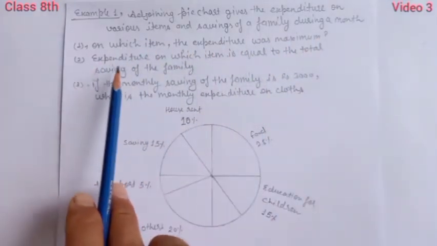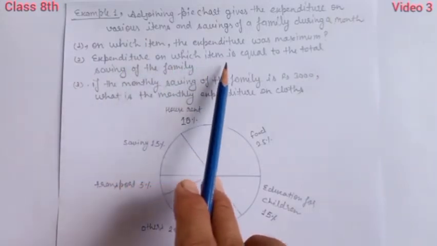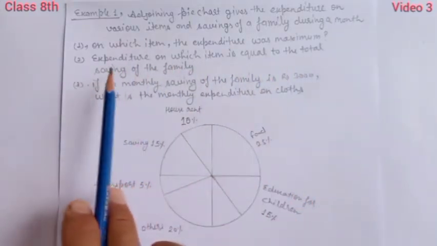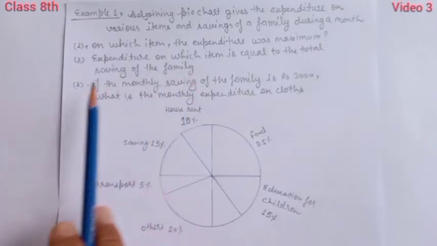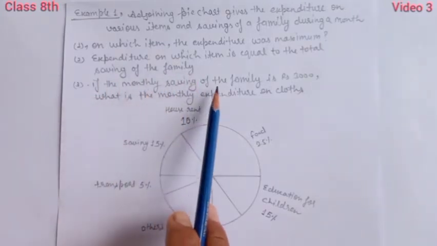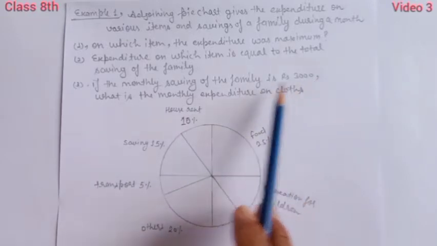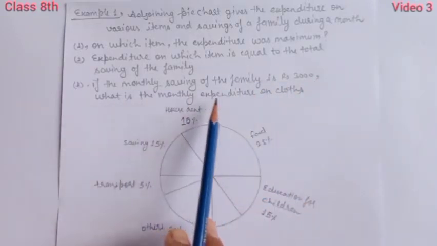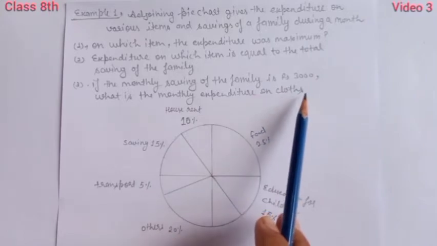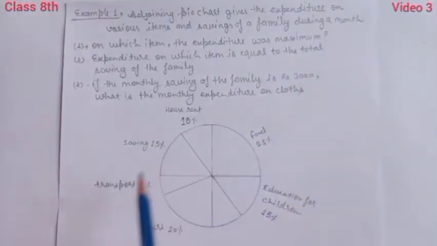Question 2, expenditure on which item is equal to the total saving of the family. Question 3, if the monthly saving of the family is rupees 3000, what is the monthly expenditure on clothes? So students, first we observe the given pie chart, then we will be able to answer the following questions.